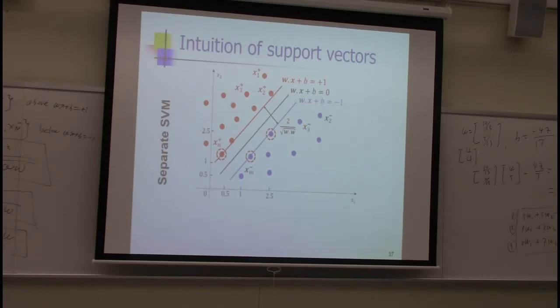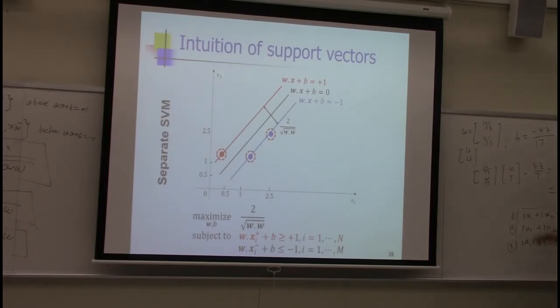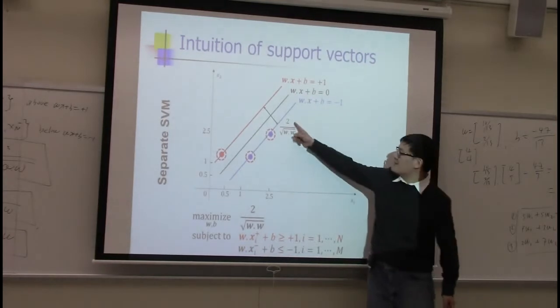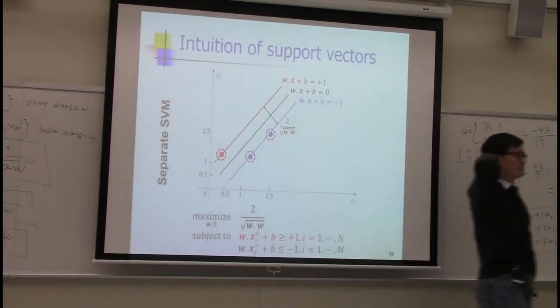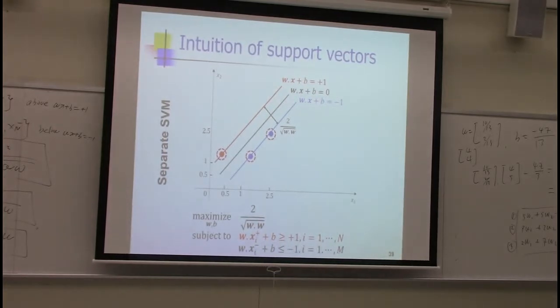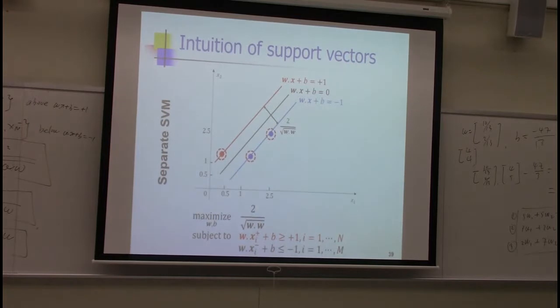That's all. So which means I can remove all the other points, and you only have these 3 points. You solve this problem, then you get exactly the same W, same B. So this is why we call it support vector machine, right? Because support vectors are the points that are beside your line.